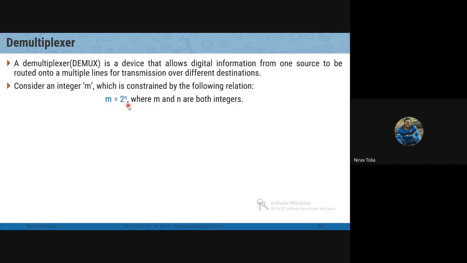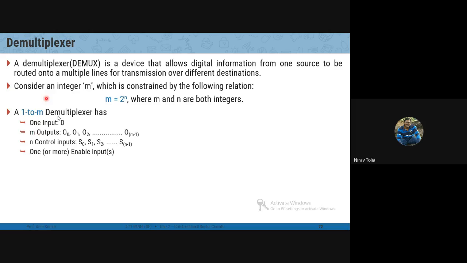Again, the n is also indicated. It is indicating the same thing, the select lines. So in a multiplexer, M indicates the number of inputs, but in a demultiplexer, M indicates the number of outputs. And in both equations, n indicates the select lines.